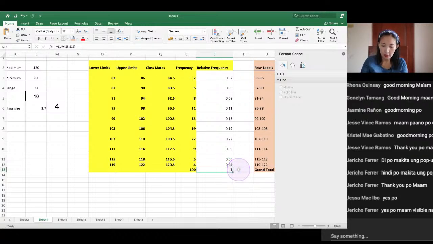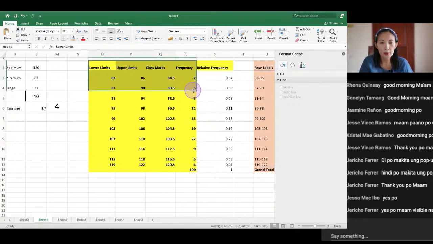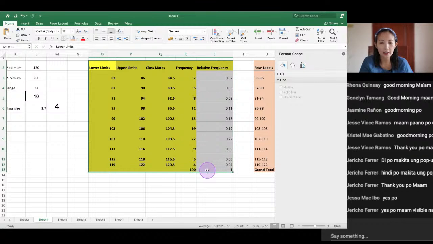So this is how to add another column for relative frequency. Once again, how is relative frequency computed? Frequency of that particular class divided by the total frequencies, which is 100. All of this will now comprise your relative frequency distribution table.